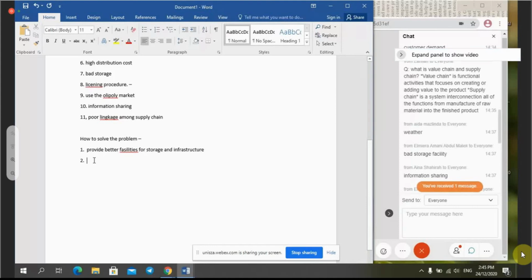Maksudnya apa dia? Okay, yang the rest tu, others macam mana? Apa lagi? Rasanya kena ada apa lagi ni?